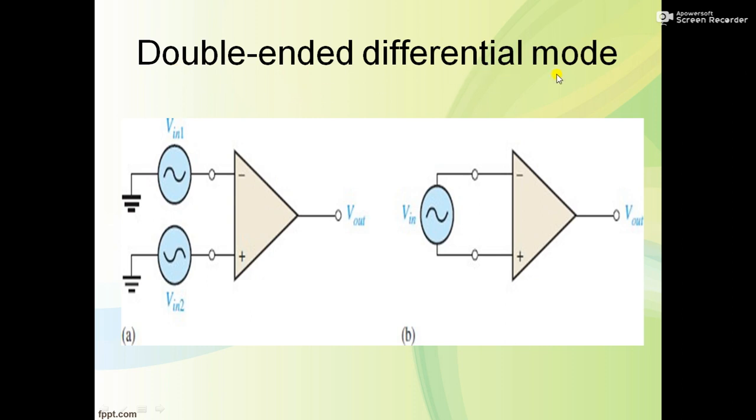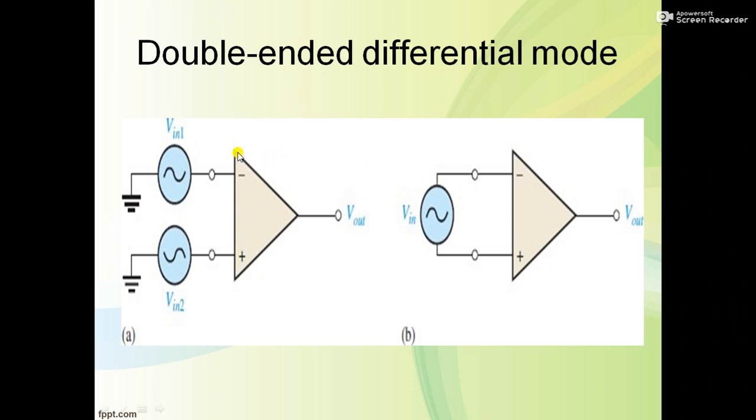Then the double-ended differential mode circuit. See here, in this case, we are simultaneously applying input voltages to both the positive and negative terminals of the op-amp.